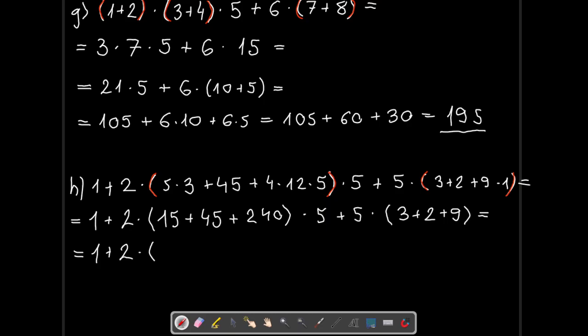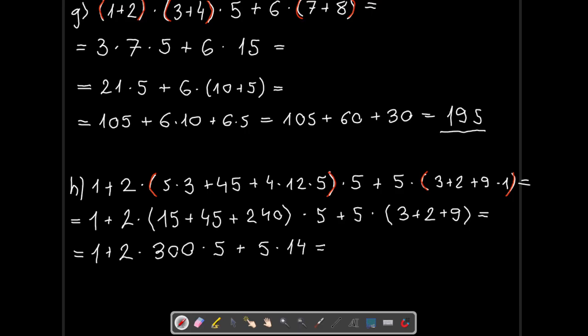We have 15 plus 45, which is 60, plus 240, which is 300. No need for the bracket here. Times 5, okay, plus 5 times, 3 plus 2 is 5, plus 9 is 14.